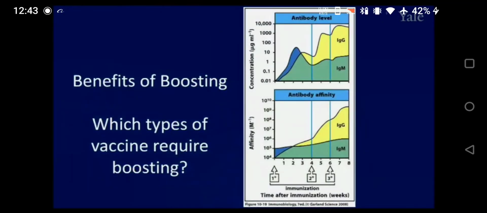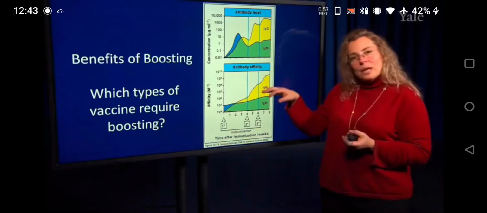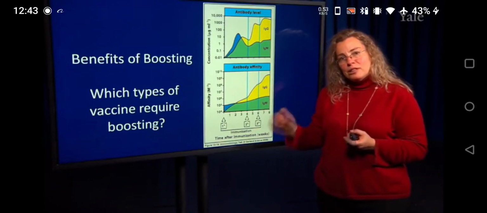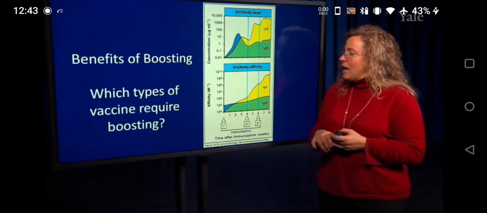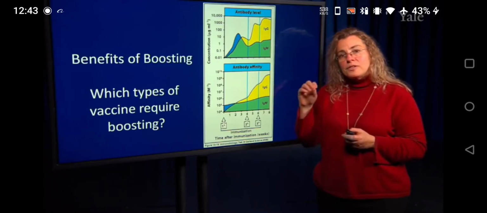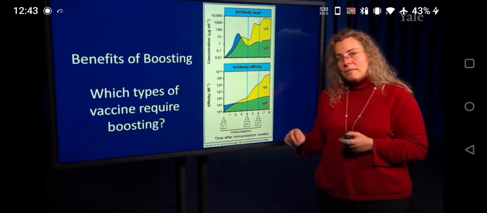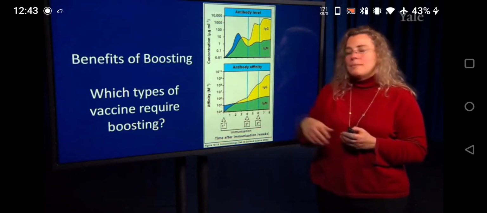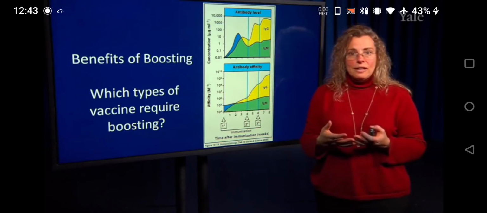The other thing that happens with boosting is that you will switch from an IgM to an IgG antibody response. We learned about that in your B-cell lecture. And also your antibody affinity will increase with somatic hypermutation. And again, which types of vaccines require boosting?